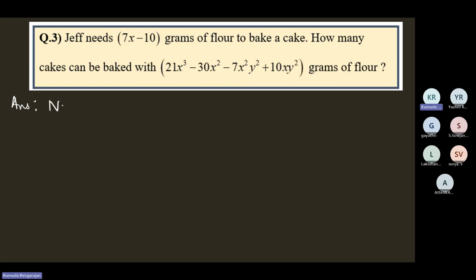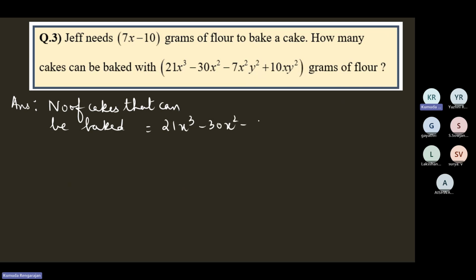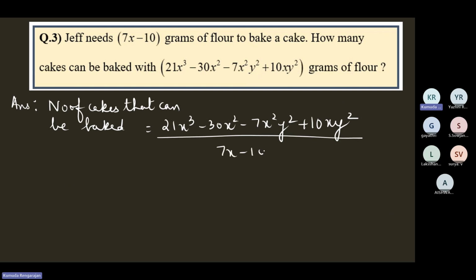So number of cakes that can be baked is equal to 21x cubed minus 30x squared minus 7x squared y squared plus 10xy squared divided by 7x minus 10. Now you see here that 3 7s are 21, 3 10s are 30, and you have 7 and 10 here.